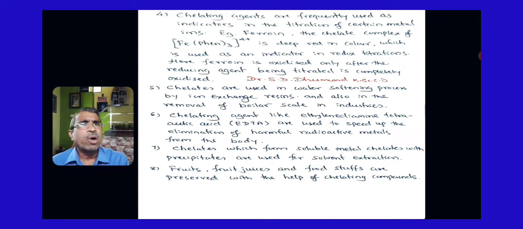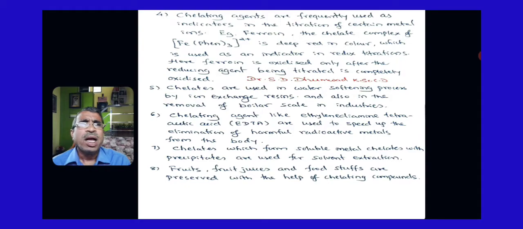This is another importance. Next, chelating agents are frequently used as indicators in the titration of certain metal ions. Example, ferroin is a chelate complex.